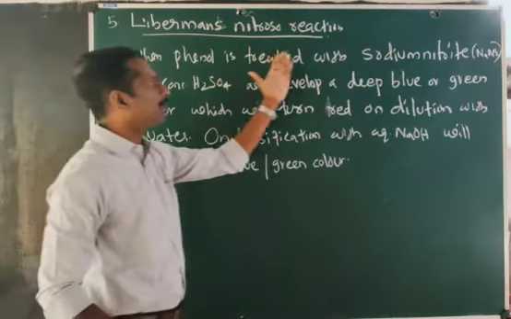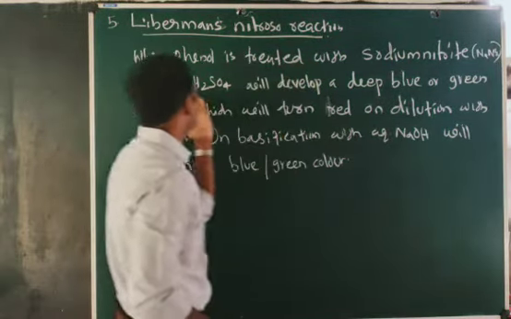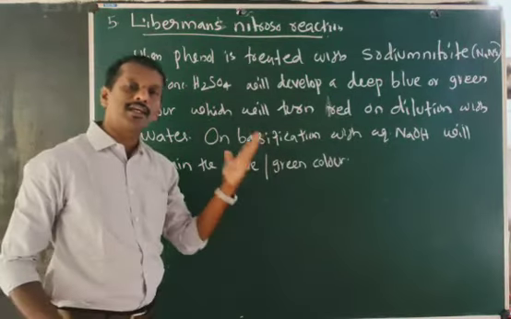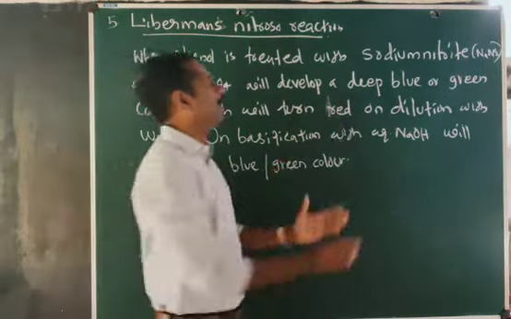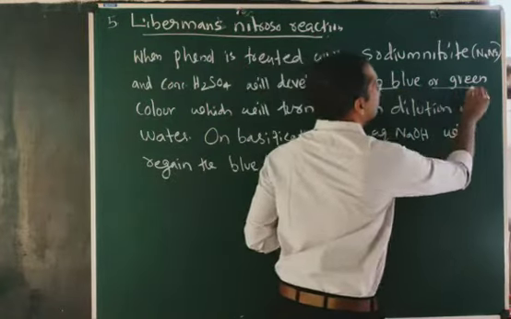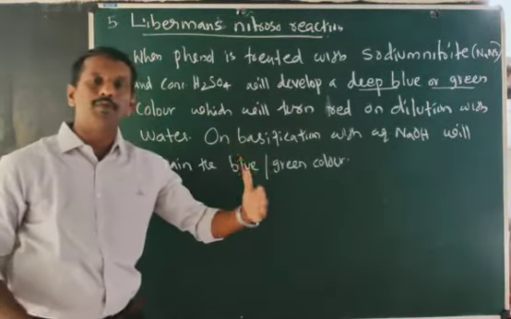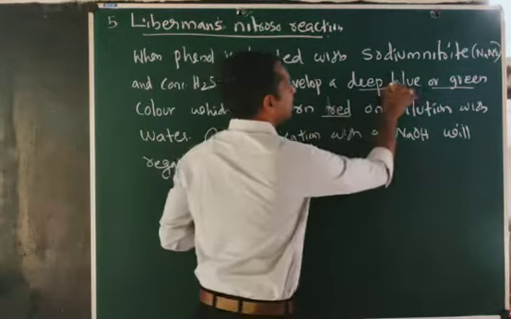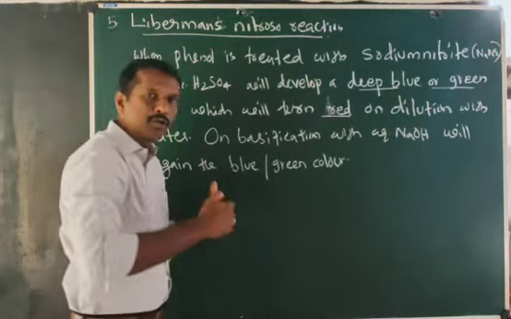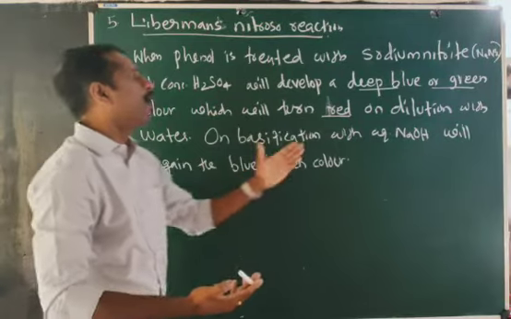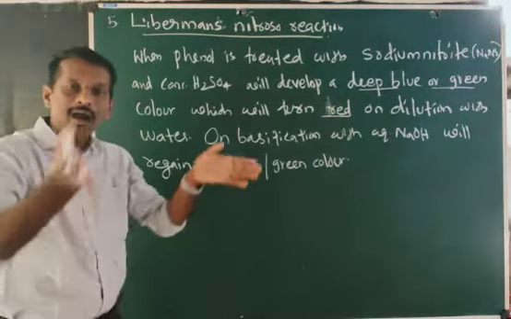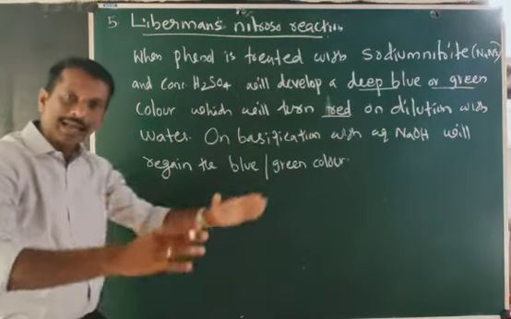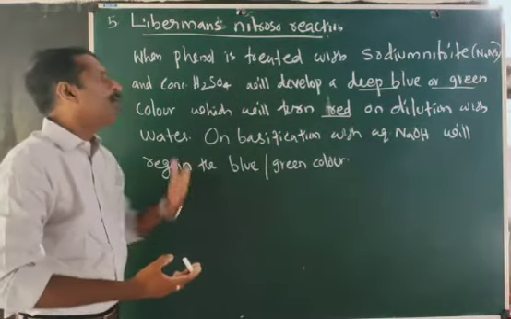When phenol is treated with sodium nitrite and concentrated H2SO4, it will develop a deep blue or green color, which will turn to red on dilution with water. When you add water to this deep blue or green solution, its color changes to red.